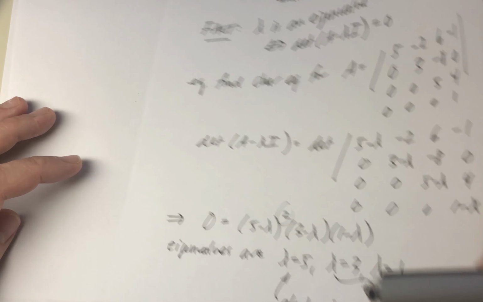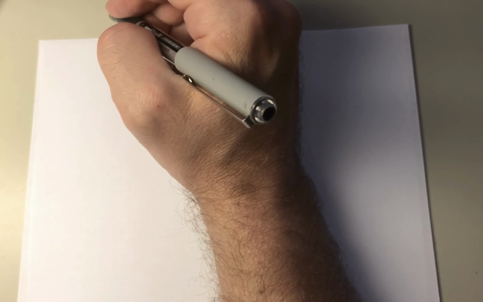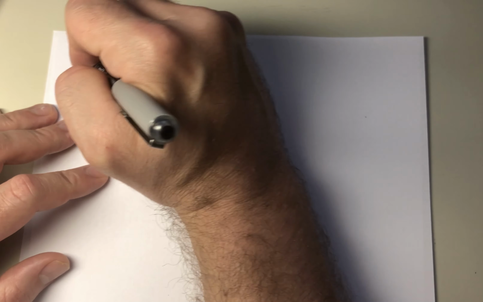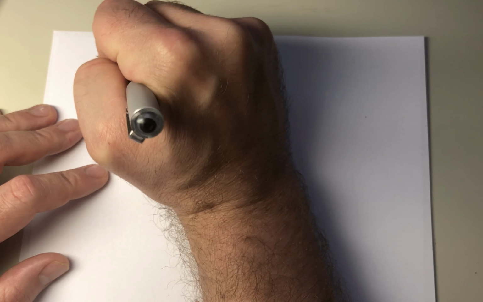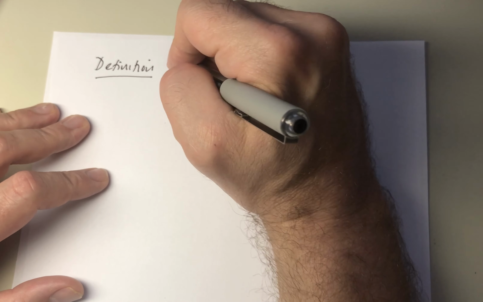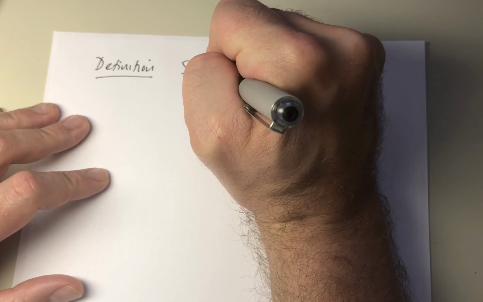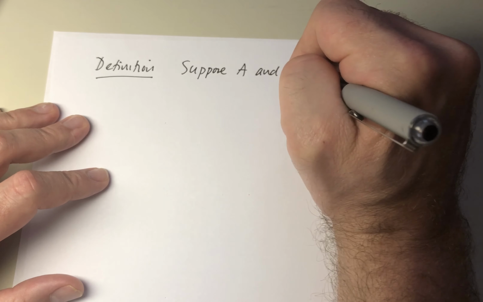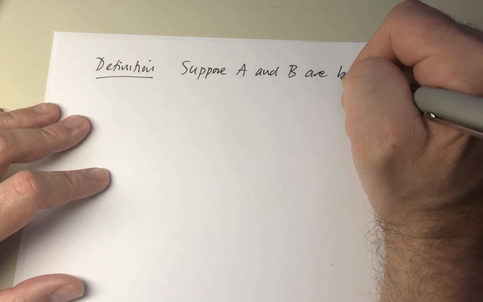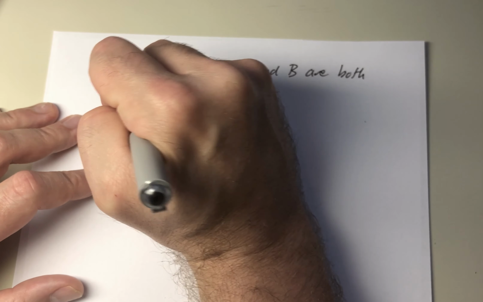So the next thing I want to talk about is what's called similarity. Maybe I'll just give you this definition now and we'll pick up next time. It's kind of a weird definition, but I want to at least get you thinking about it now. Suppose A and B are both n by n matrices.